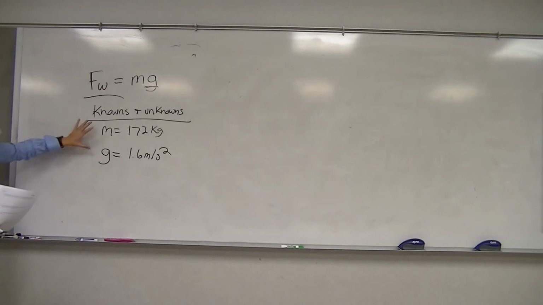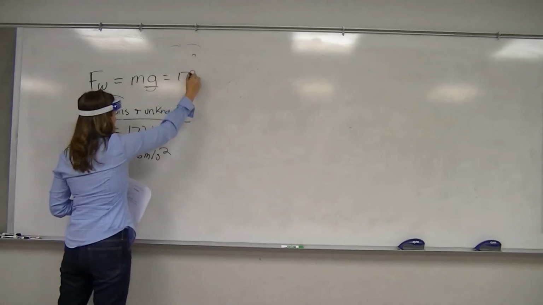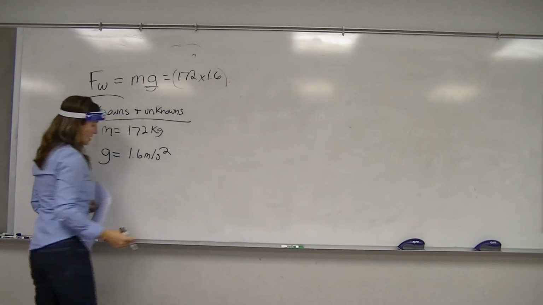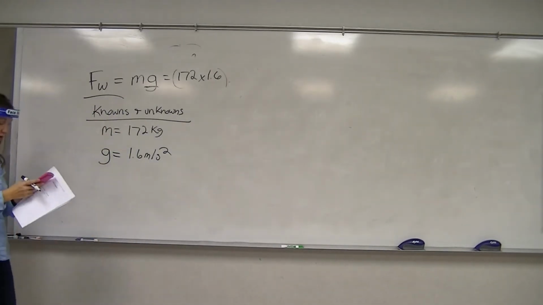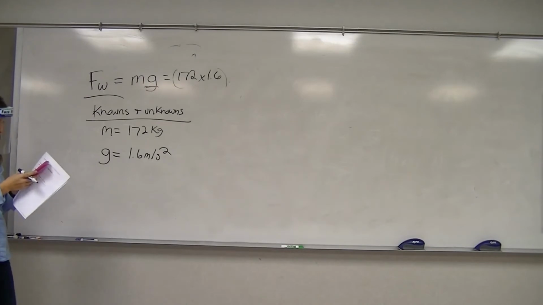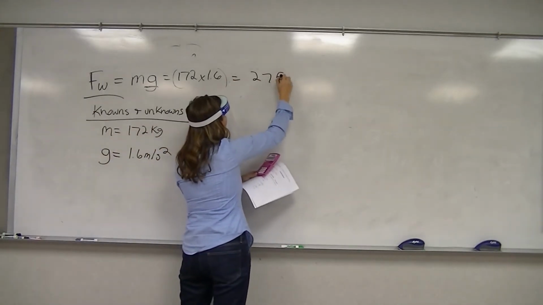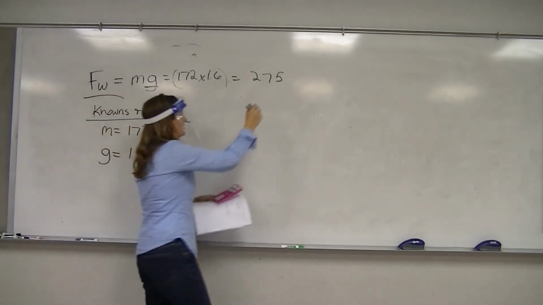So to figure out his weight on the moon, we're multiplying these two numbers. So 172 times 1.6. I think you have one like this in your chapter 3 homework quiz, there's one like this on the practice exam. So you can bet money that you will get one like this on the exam itself. So he is 275. And since it's a force, the units are newtons.